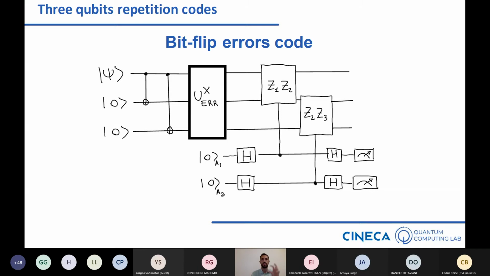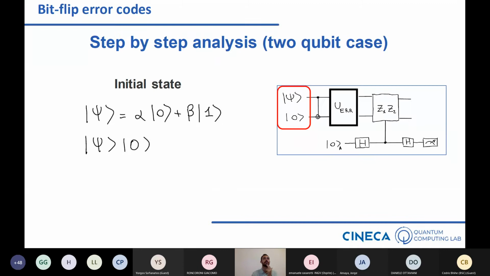But then we will generalize easily. So consider this step-by-step analysis with just the 2-qubit case. The initial state is psi 0.